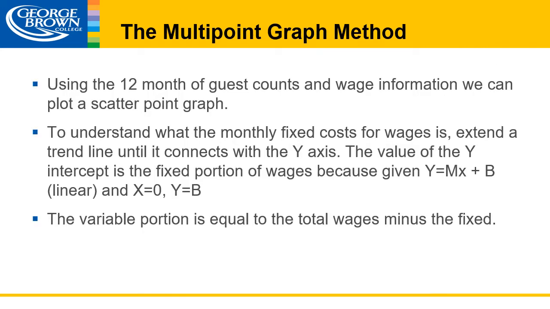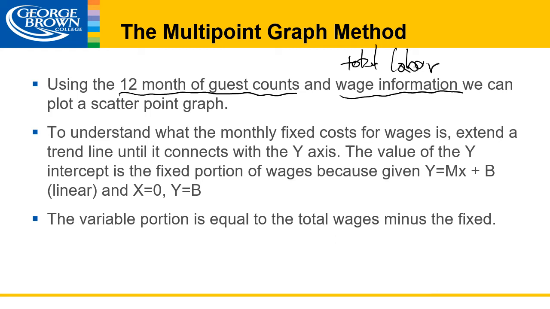Here's where we'll go over the multi-point graph method, which is essentially a scatter plot of the data that we were just looking at. In the previous data, we had 12 months' worth of guest counts and wage information, or total labor. We create a scatter plot based on that information.